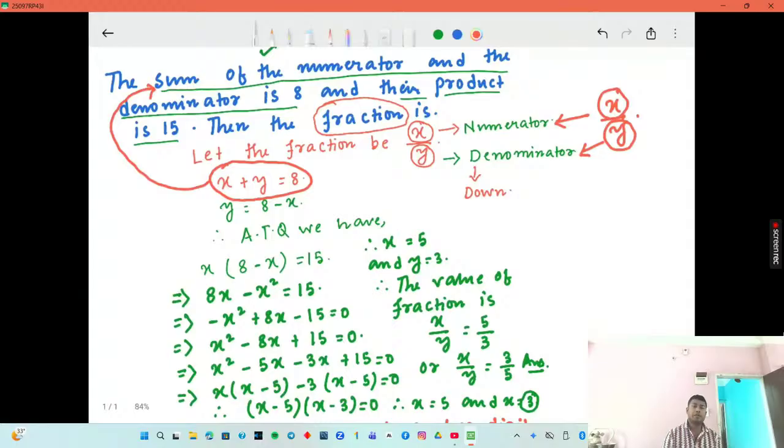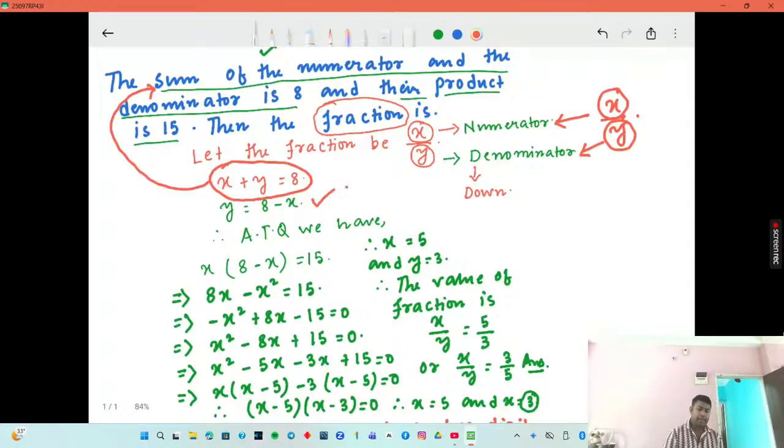Now from here we will find the value of y to simplify the question, because we have to reduce the question into one variable. So we get y is equal to 8 minus x.